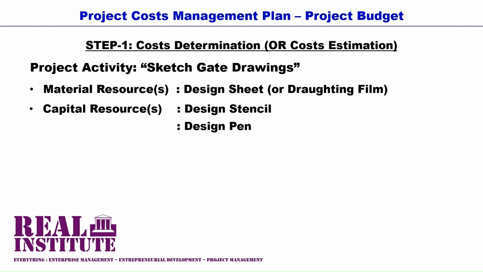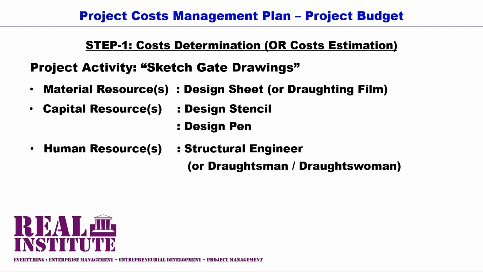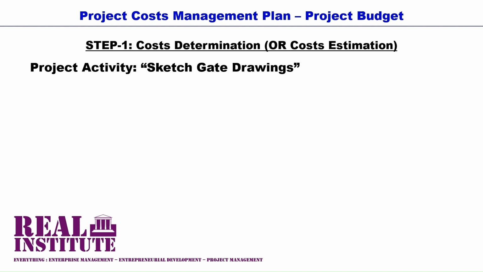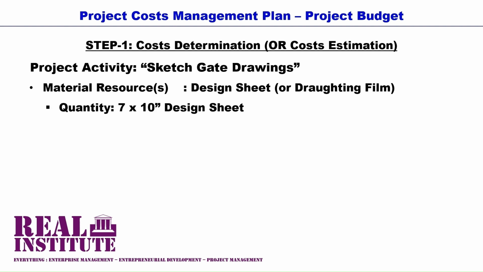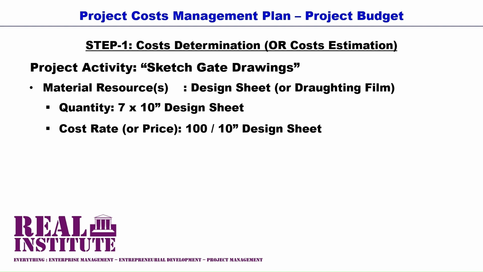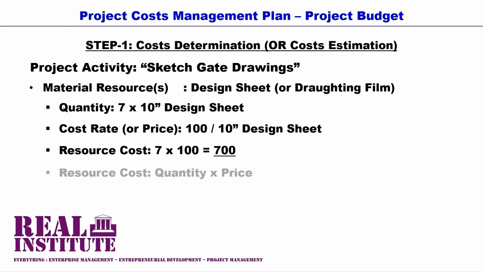And also required is the human resource in form of the structural engineer. Say 7 design sheets of 10-inch size are required, and the supplier has quoted a price of 100 for each drafting film. Then 7 drafting films will cost 700 in total for the activity sketch gate drawings.